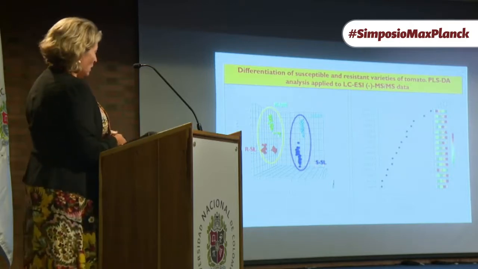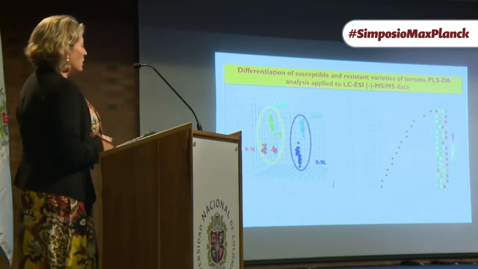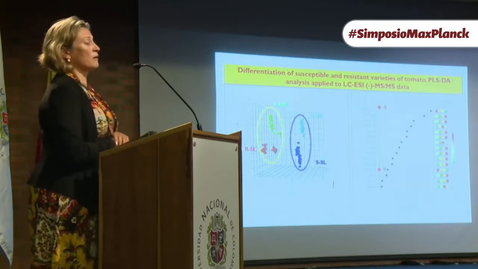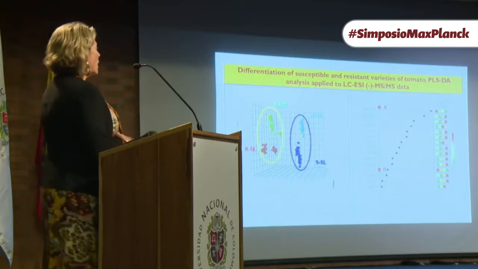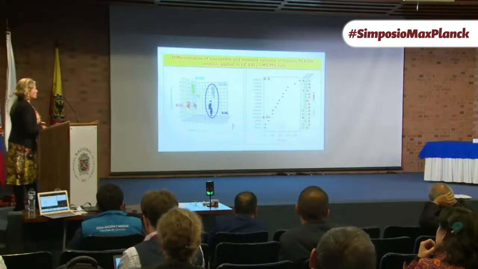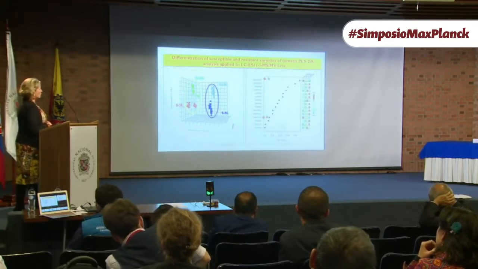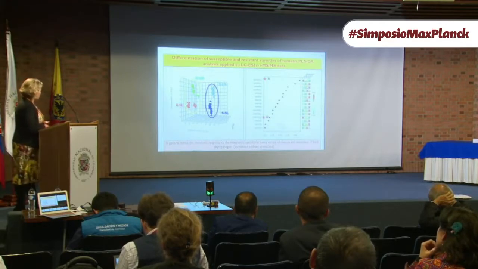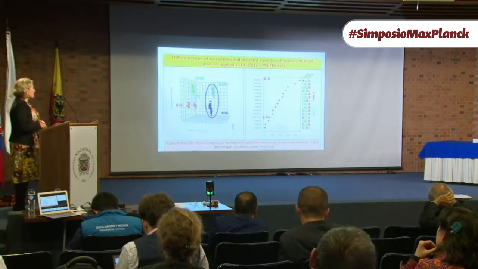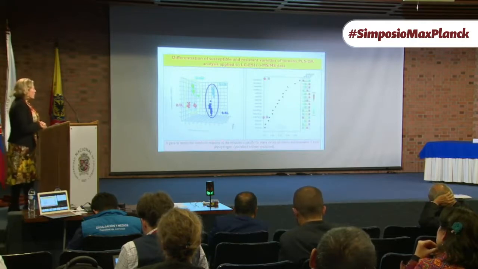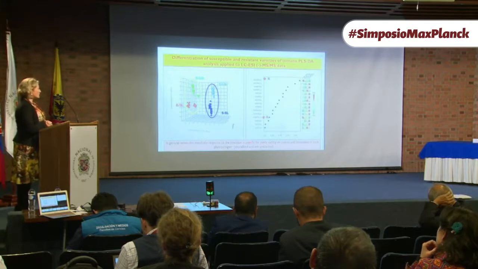And again, we used the VIP plot to identify the discriminating molecular features, some of them increased during the infection. So we can say that, especially concerning the metabolic response, it is specific for every variety of tomato plants.